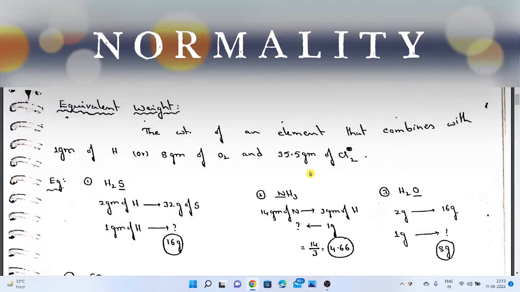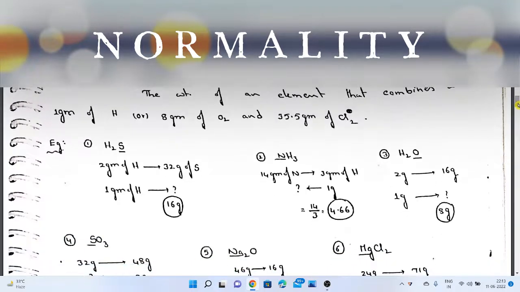Now I want to explain how to find the most important aspect in normality, that is gram equivalent weight. The weight of an element that combines with 1 gram of hydrogen, or 8 grams of oxygen, or 35.5 grams of chlorine is called the gram equivalent weight of an element.